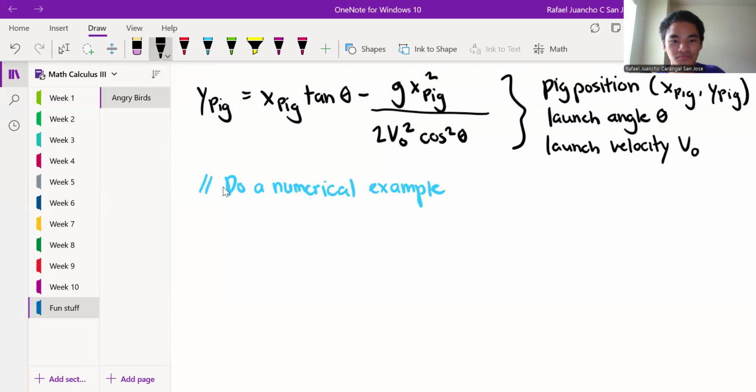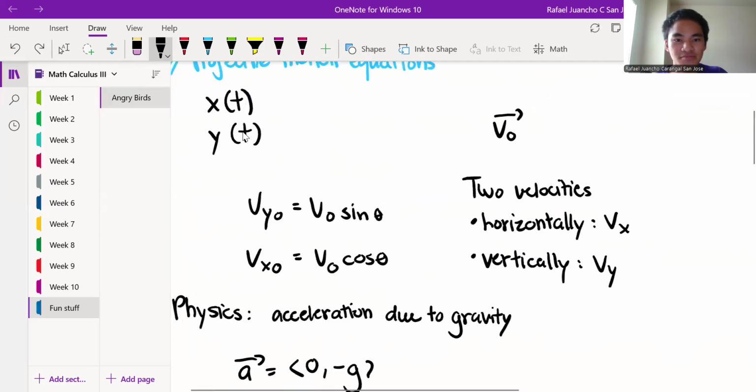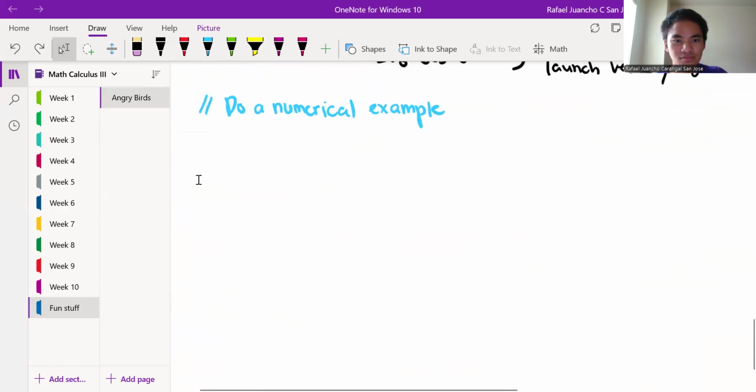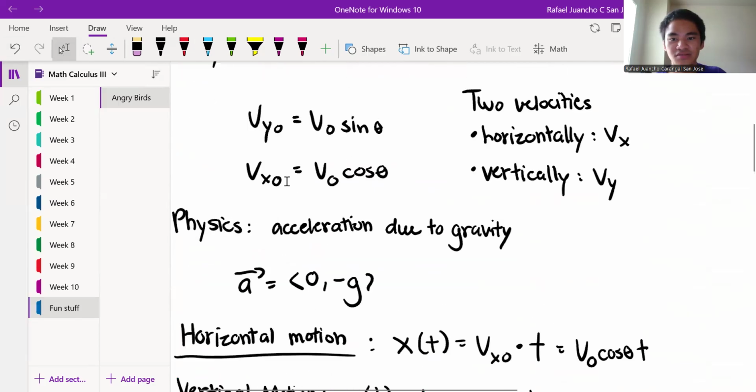So let's say, I'm gonna copy the bird, paste the bird. Okay, bird is there.